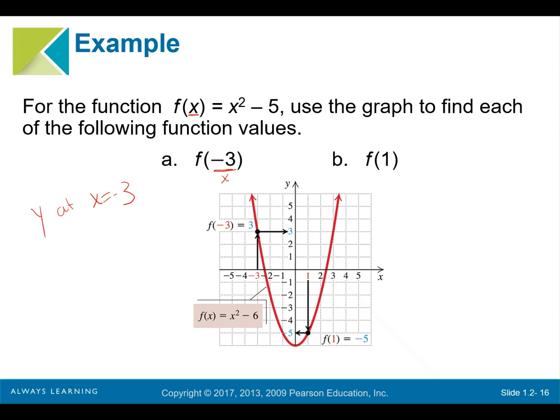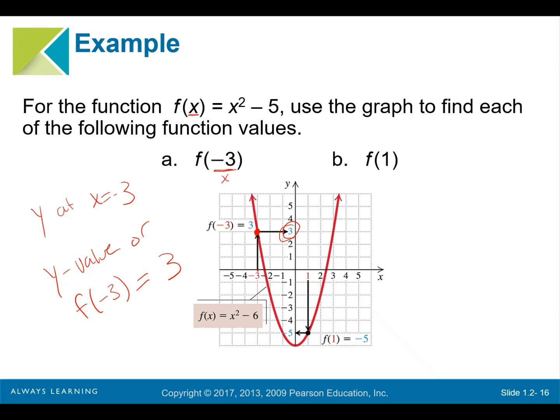Well, I'm going to go to my x value, negative 3, and I'm going to see where my graph is hitting. Well, it's hitting right here. When I go to negative 3 and I go up to the graph, I'm here. Well, what is my y value there but 3? Which means my y value, or my f of x value, f of negative 3, is 3.